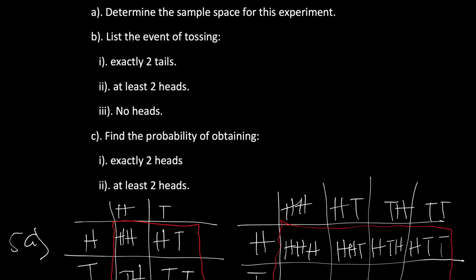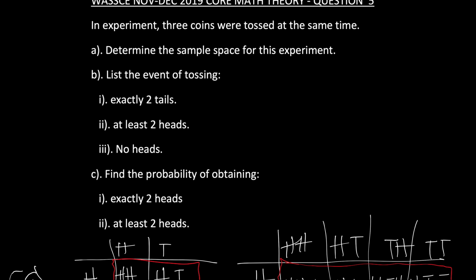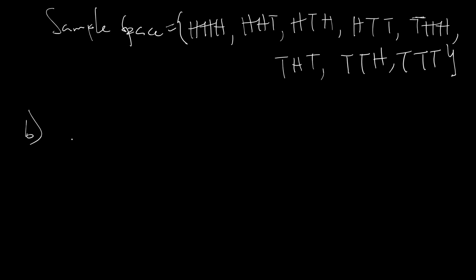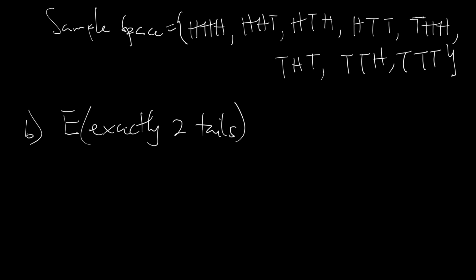Now B, list the event of tossing exactly 2 tails. It means not less than 2 tails and not more than 2 tails, exactly 2 tails.